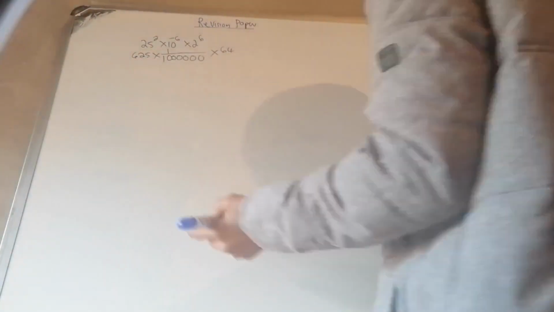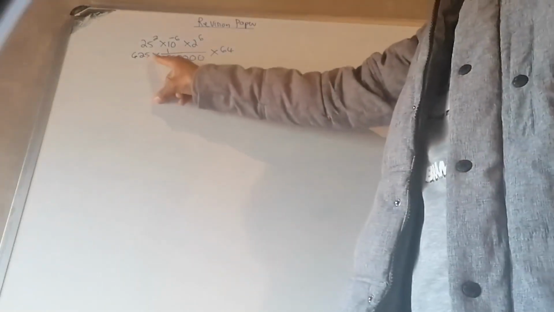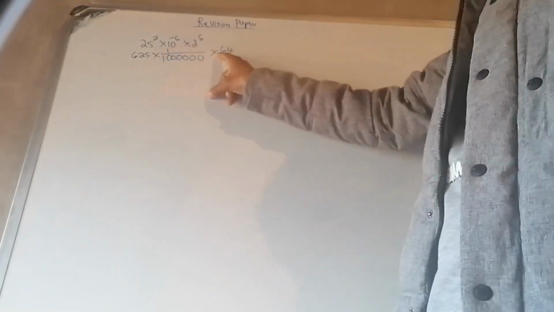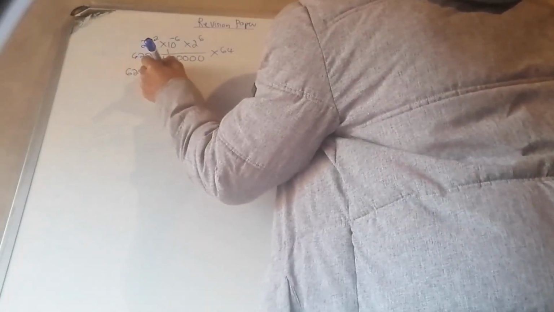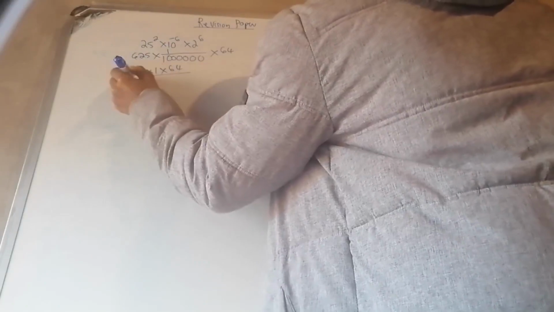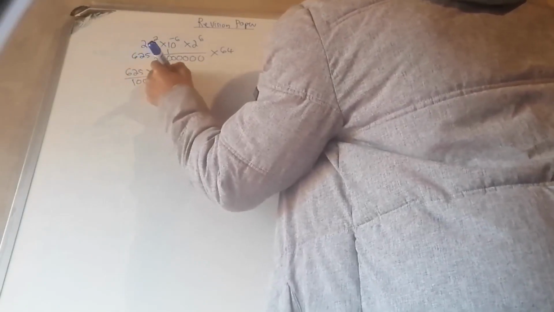Okay, so on the calculator, 625 times 1 times 64, all divided by a million.